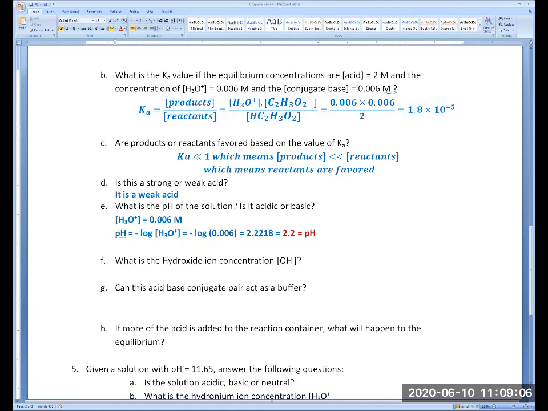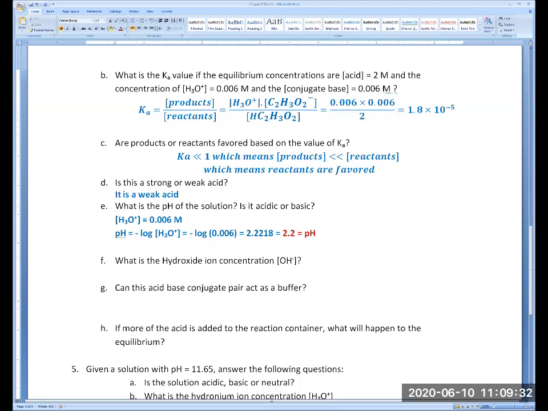So is this acidic or basic? For those who have learned this yet, can you tell me? Acidic or basic? So tell me in the chat. So the pH scale goes from 0 to 14. Yes, 0 to 14. 7.0, 7 exactly, is neutral.